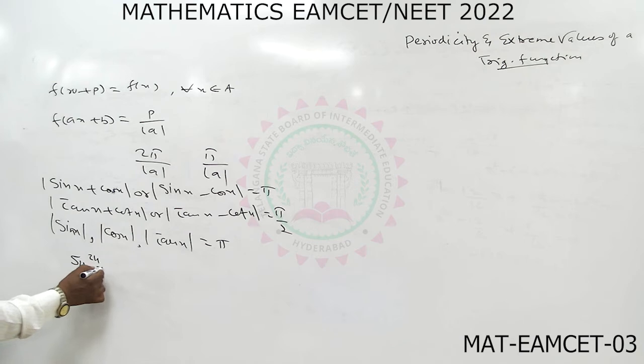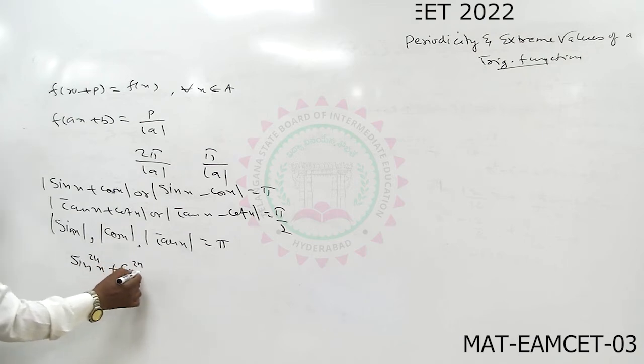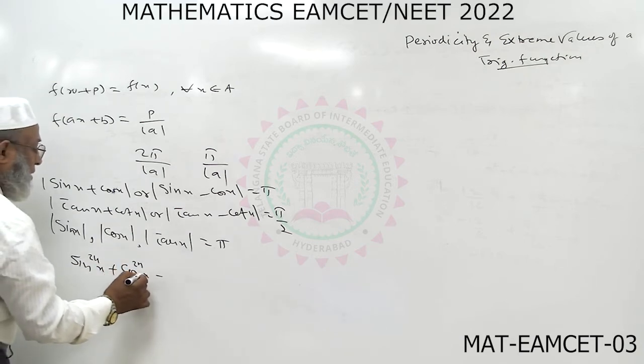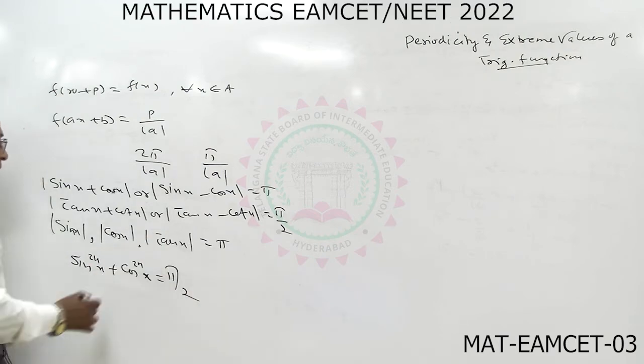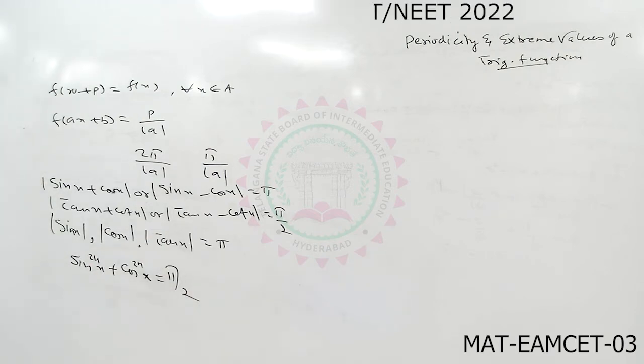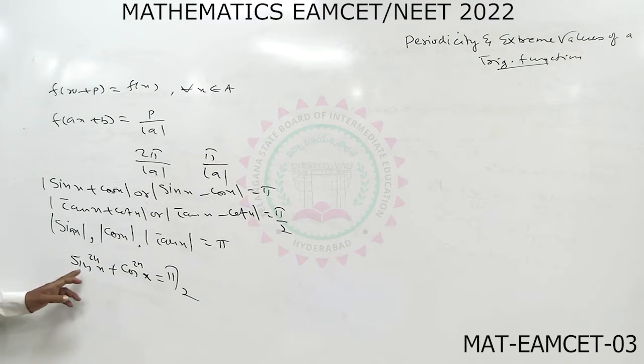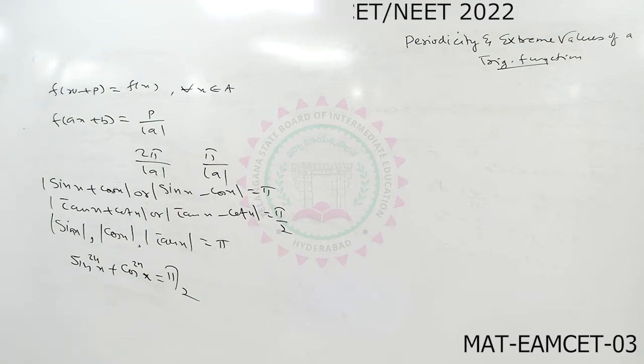Another is sec power 2n x plus cosec power 2n x. The third one is tan power 2n x plus cot power 2n x, which also has period pi by 2, right?